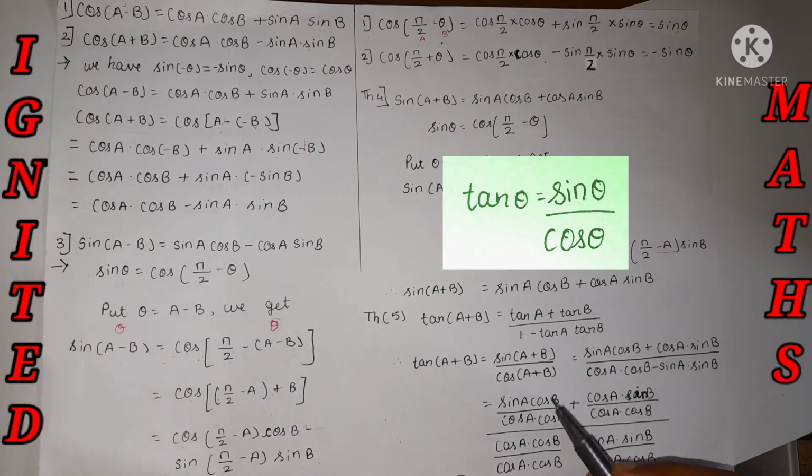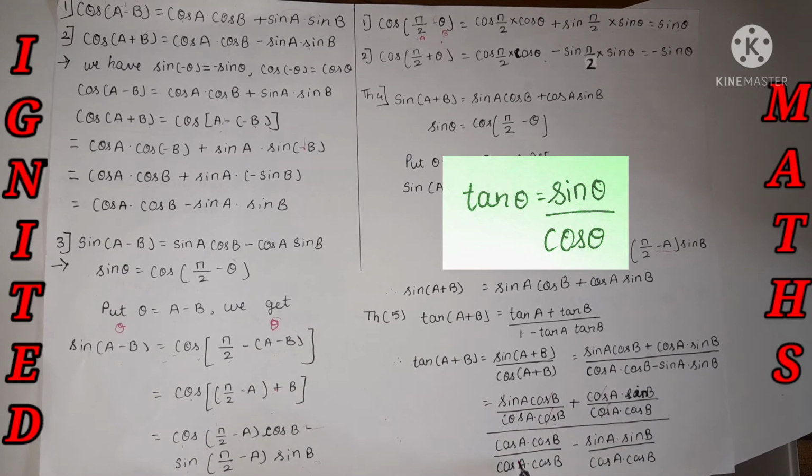Each and every term I have divided by cos A cos B. Over here cos B cancels, over here cos A cancels, and over here cos A and cos B also cancel.